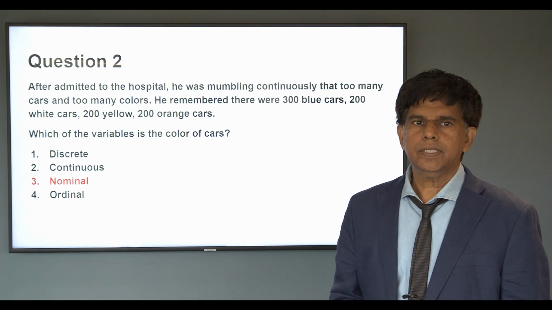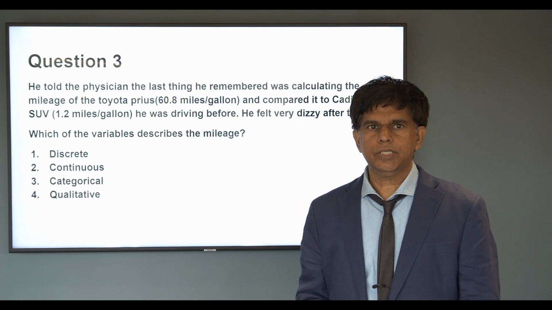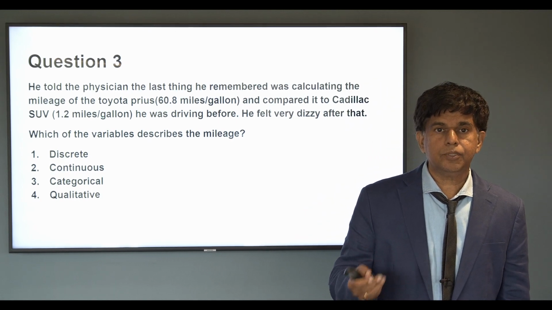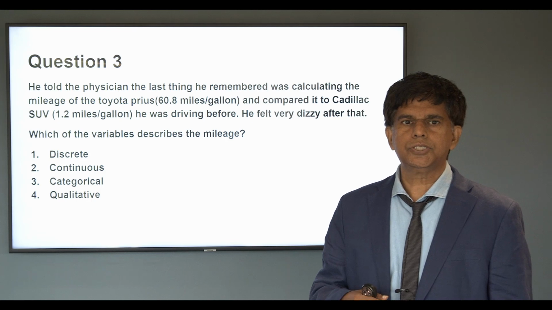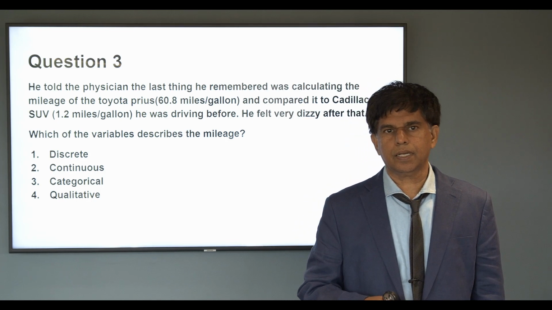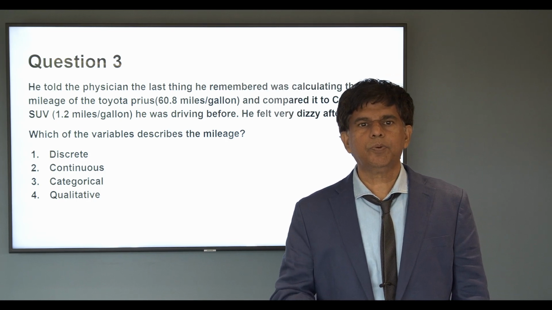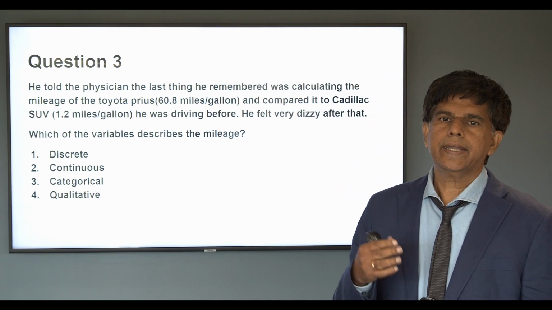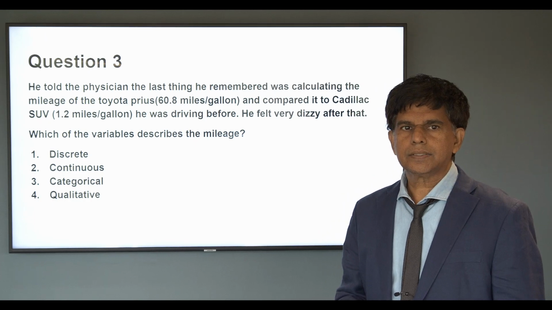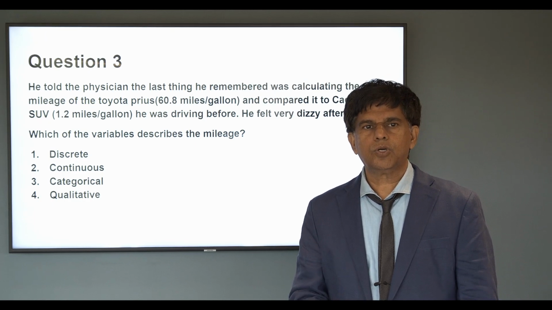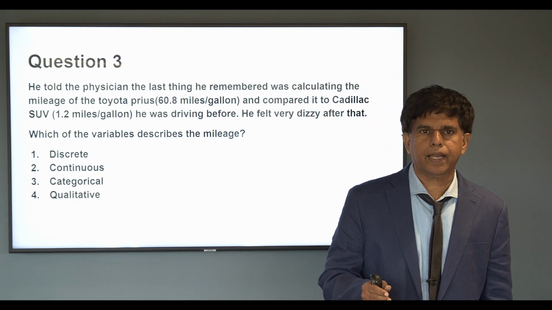Next question. He told the physician in the emergency room, the last thing he remembered, he was calculating the mileage of the Toyota Prius in the parking lot, which is actually 60.8 miles per gallon, compared to the Cadillac SUV, the gas guzzler he was driving, which gave him only 1.2 miles per gallon.